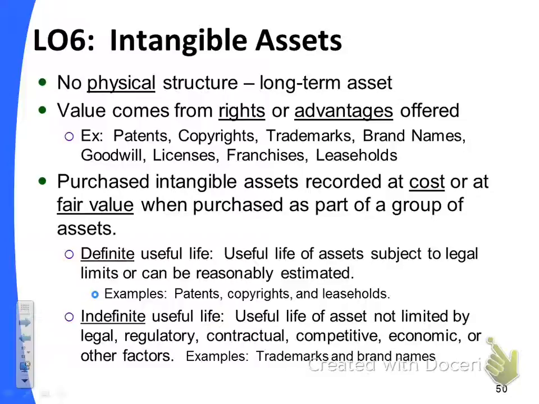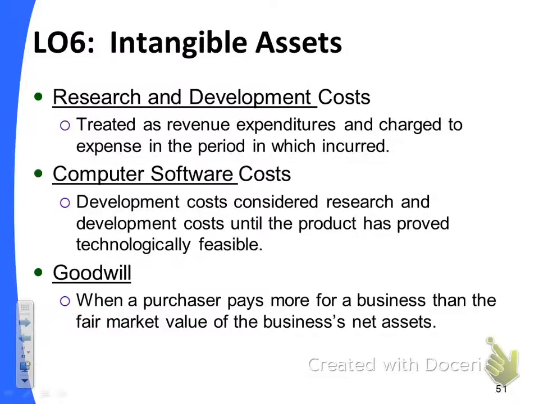Okay, items with indefinite useful life. There are certain regulatory implications to those things, and again, if we were going into more detail, we would spend more time talking about it. Research and development costs, computer software costs, and goodwill are all items that are amortized over their useful lives.